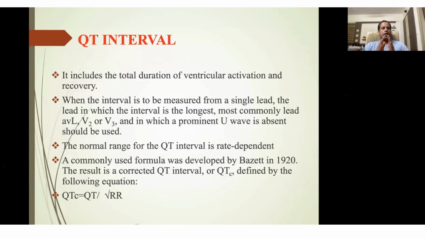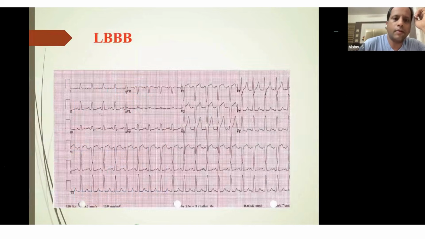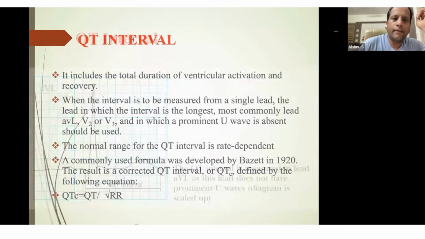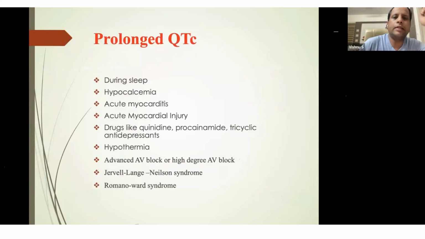In a high heart rate, we will not be able to find out a prolonged QT. But the easy way to find out a QT interval is not to measure it. You can eyeball it and find out the prolonged QT. I think we don't have a prolonged QT here.